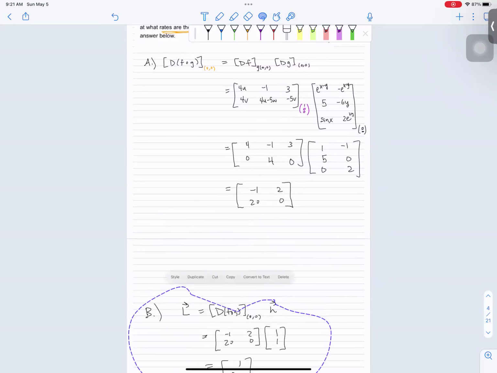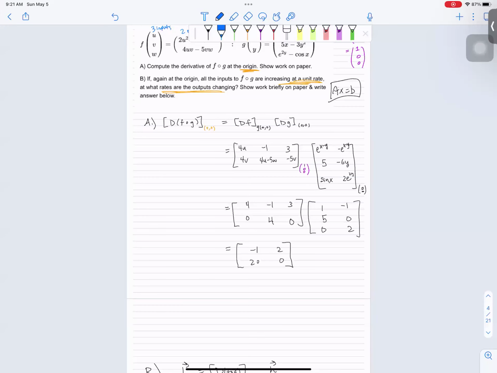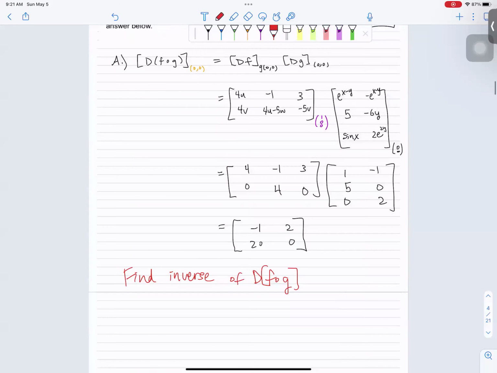So let's say the question was find the inverse of f of g. Or let's find the derivative of it. Or they would say find the derivative of the inverse of f of g.